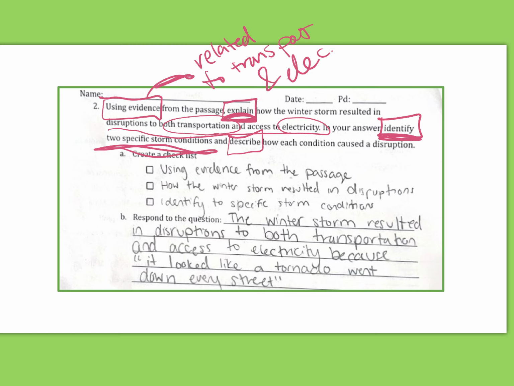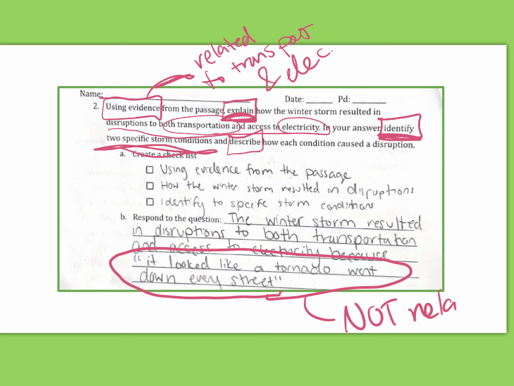The winter storm resulted in disruptions to both transportation and access to electricity because, quote, it looked like a tornado went down every street. This person has evidence here, as in they have a quote from the text, but it is not related. And they did not explain their thinking at all.